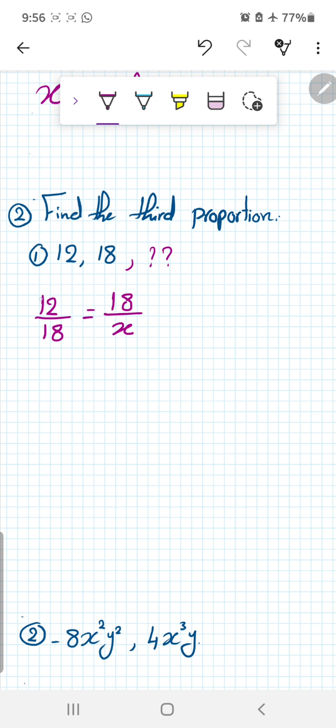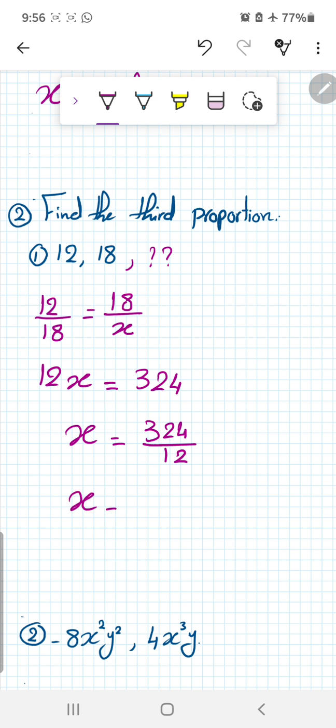So here we have 12 times X, 12X, equals 18 times 18, which is 324. We want to get the value of X, so move 12 to the other side by dividing. So X equals 324 over 12. Using your calculator, X equals 27. So here the third proportion is 27.